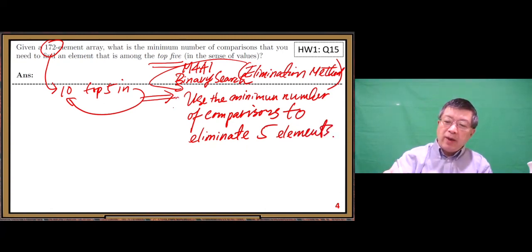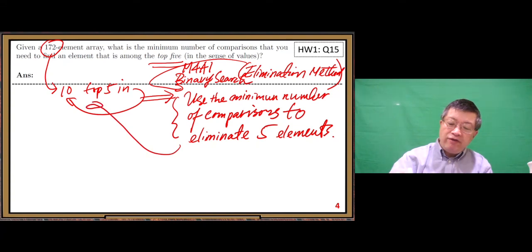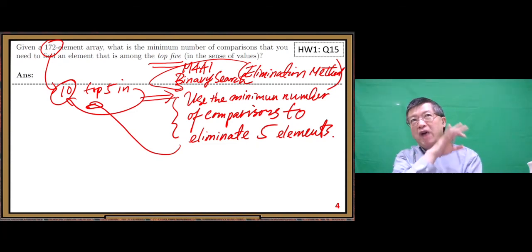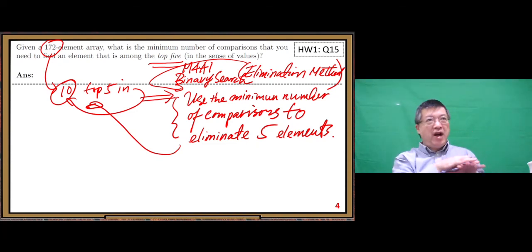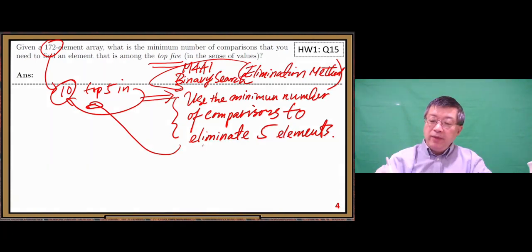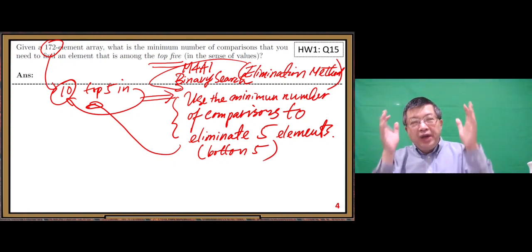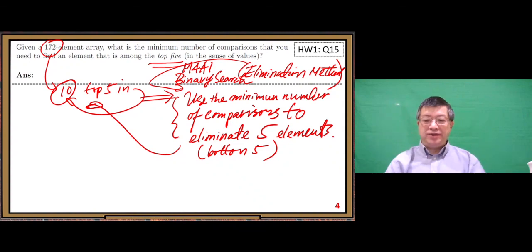Think about if we can eliminate 5 elements in a 10-element array. Everyone remaining is in the top 5, right? So the 5 eliminated elements are really the bottom 5. So we actually eliminate the bottom 5 elements. So the next question: how do we eliminate the bottom 5 elements?